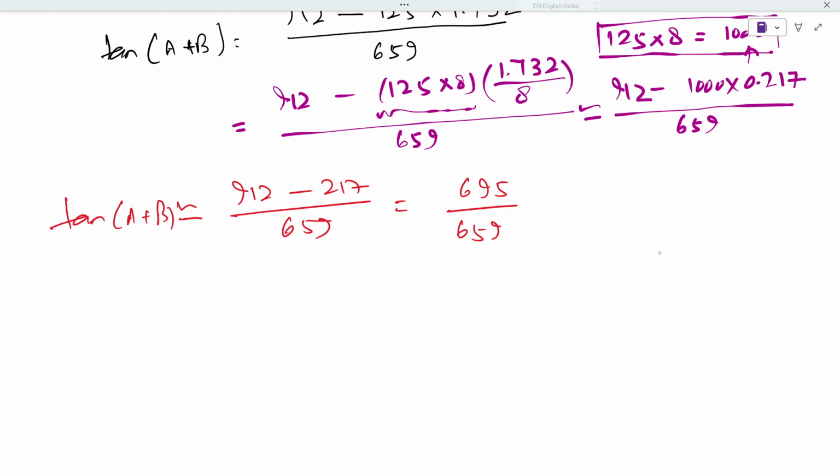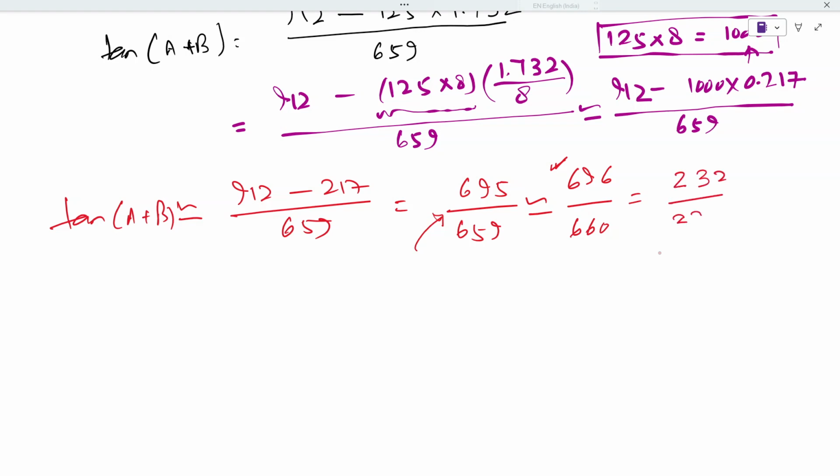And since you are not allowed to use the calculator, what I am doing, I am making 695 to 696 and 659 to 660. Because in this fraction 695 and 659 both were not divisible by 3, but when I made 695 approximately 696 and 659 to 660, both numerator and denominator are divisible by 3.